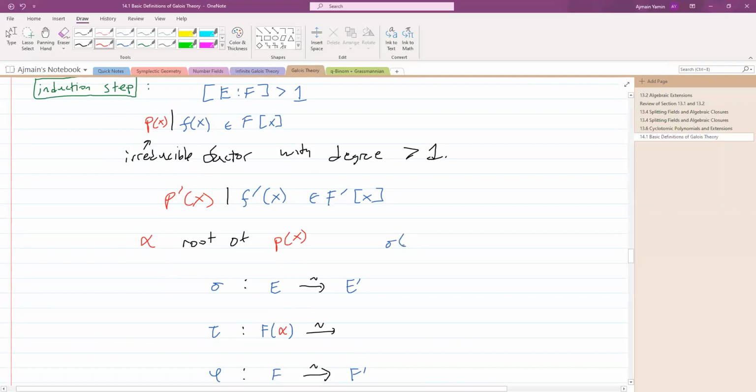Sigma of alpha is a root of the corresponding polynomial p prime of x with coefficients in F prime, right? So let's say this is beta, and this is the root of p prime of x. So this gets mapped to F prime of beta.